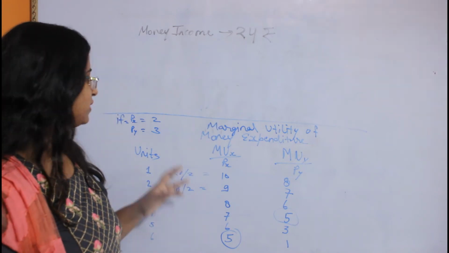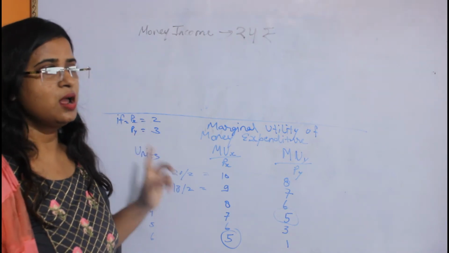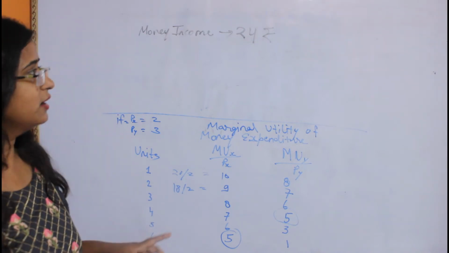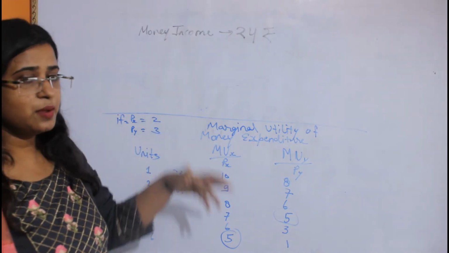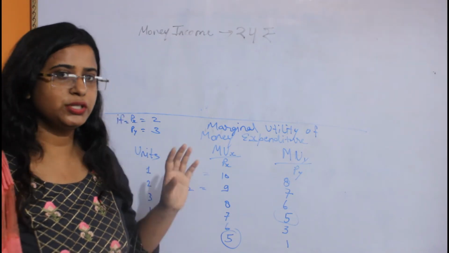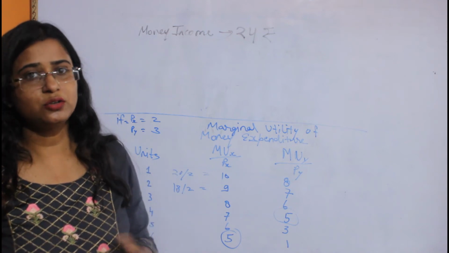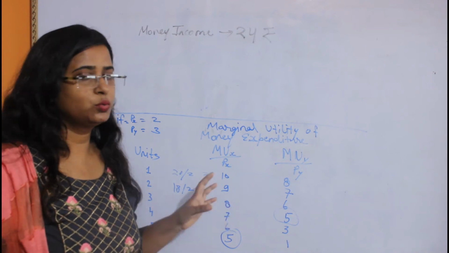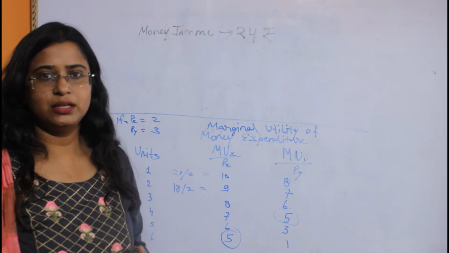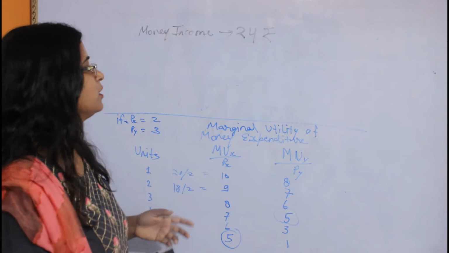Now in this case the price of good X was 2 and the price of good Y was 3, and in this example we assume that his total income is 24 rupees that he will spend totally on the two goods X and Y. He will not be left with any penny in his pocket, so he is going to spend all his money.